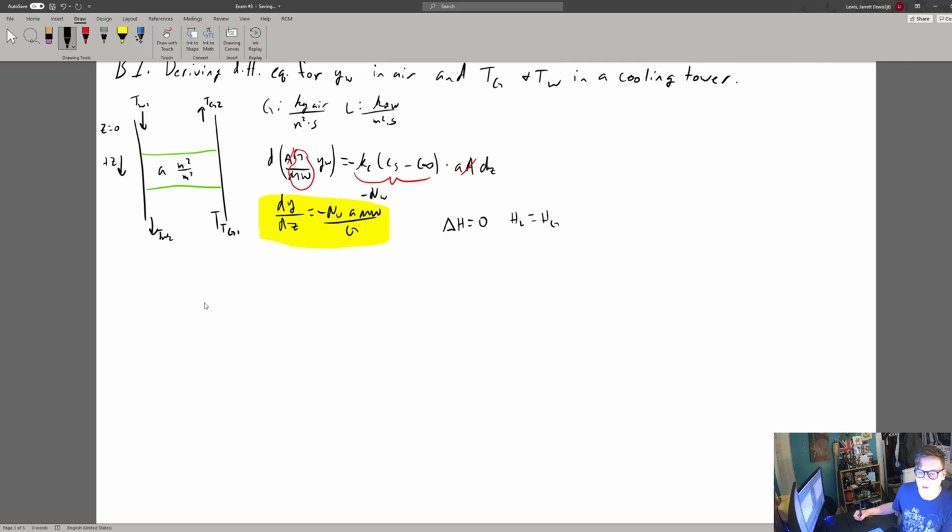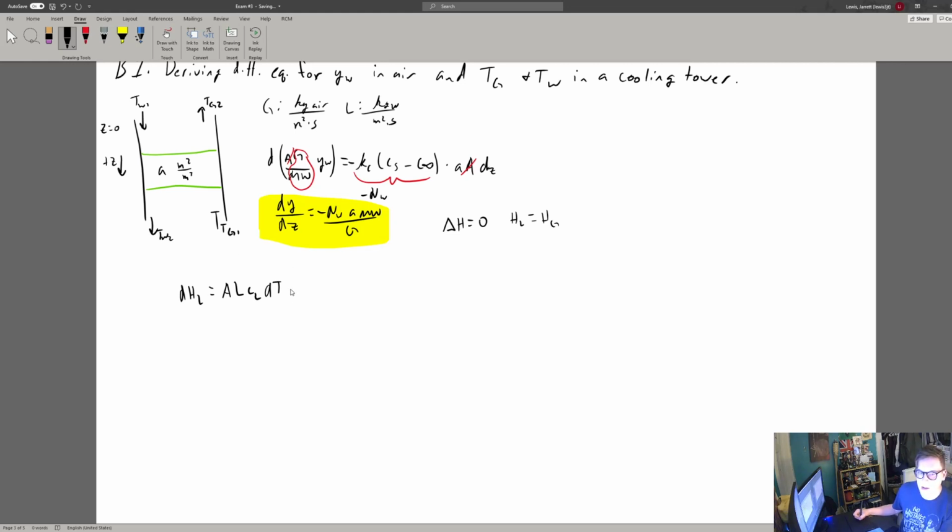So we're going to have the change in enthalpy of the liquid phase, I guess it'd just be the water phase, and that's going to equal the liquid flow rate times the specific heat capacity of the liquid phase, multiplied by the change in temperature, and we also have to multiply by the cross-sectional area.